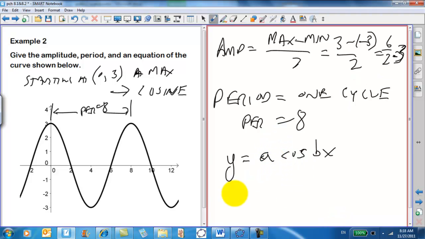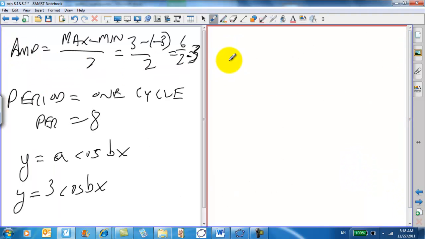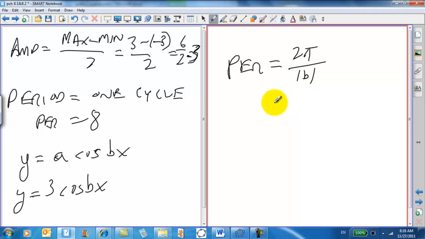So we've got the amplitude ready to go here. We've got our y equals 3 cosine bx. B is a little trickier though. So to get b, we have to say the period equals 2 pi divided by the absolute value of b. So the period is 8, 2 pi, and b is going to be positive in this case.